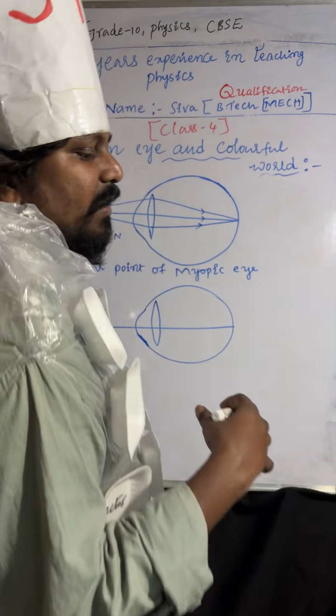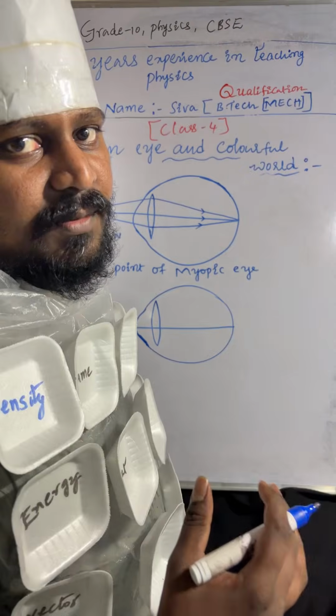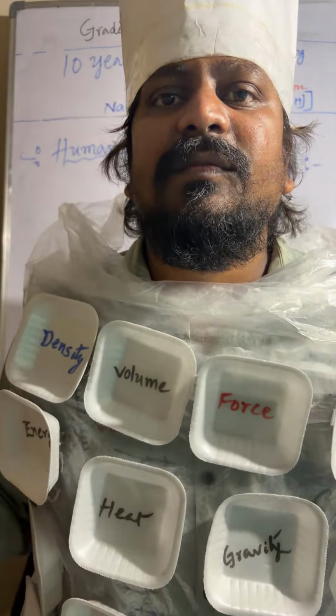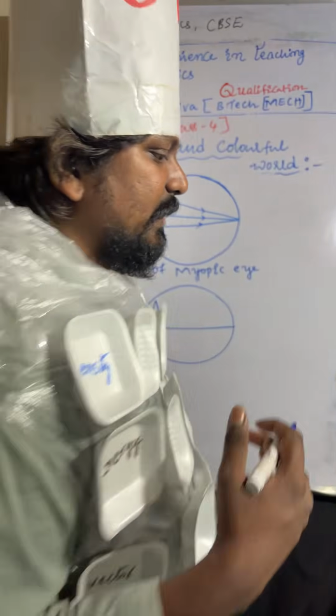If the light rays are coming from infinity, where will those light rays meet? Let me check once.